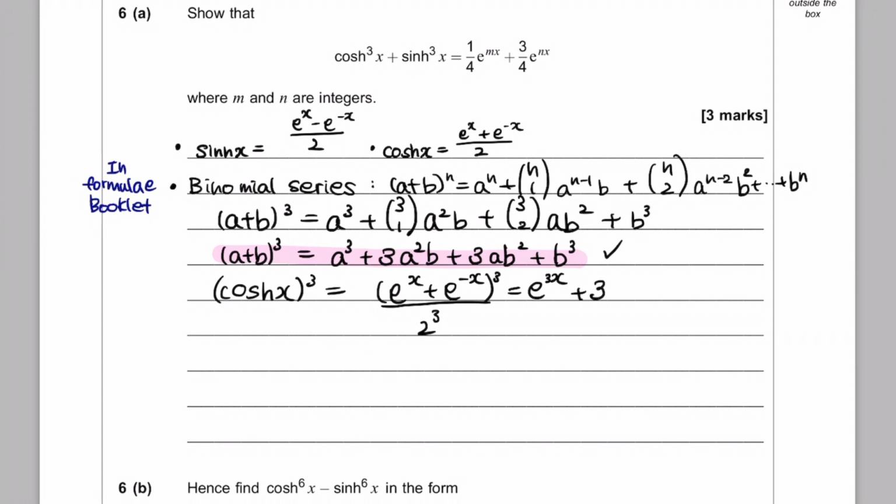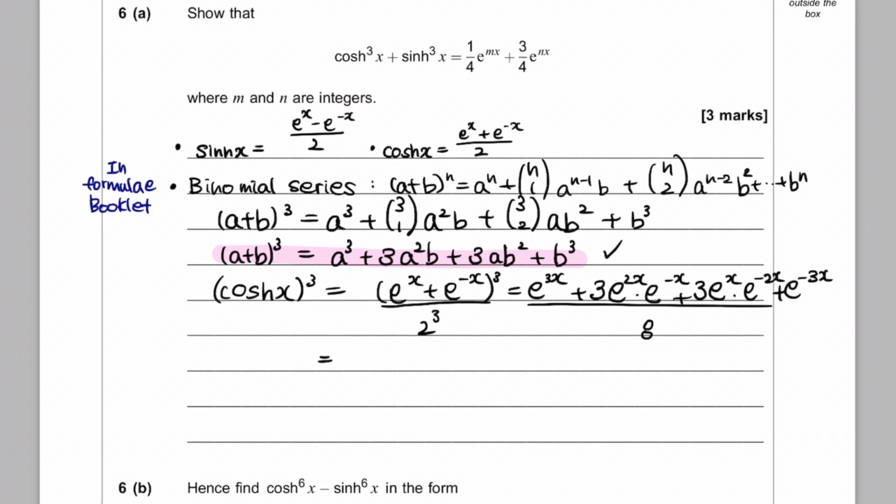A is now our e to the power of x, and b is e to the power of minus x. So e to the power of 2x, and then e to the power of minus x. And then the third one becomes e to the power of x, e to the power of minus 2x. And then the last term becomes e to the minus 3x. And then 2 to the power of 3 is 8.